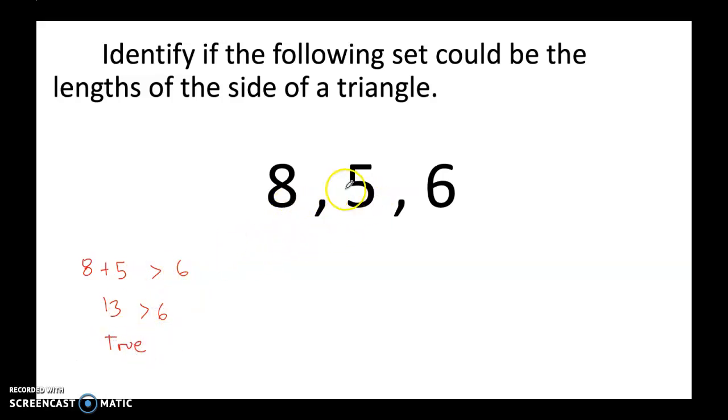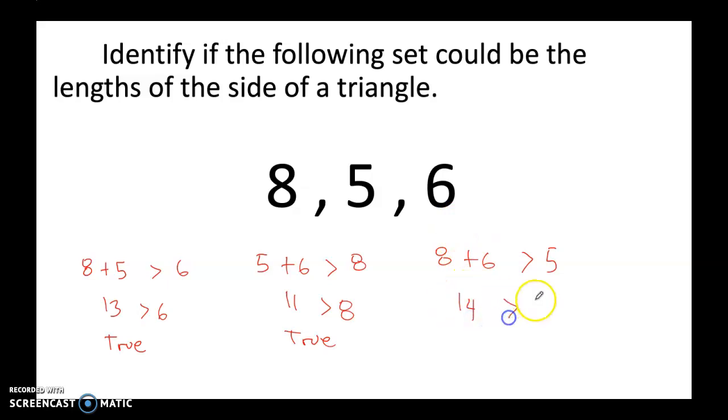Another, if we add 5 and 6, it should be greater than the third side, which is 8. 5 plus 6 is equal to 11, greater than 8, that is true. Another combination, if we add 8 and 6, it should be greater than the third side, which is 5. 8 plus 6 is equal to 14, greater than 5. That is true.